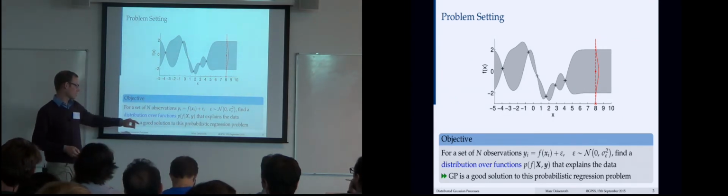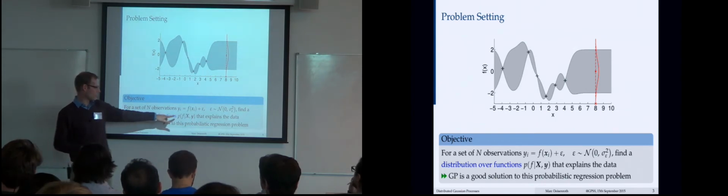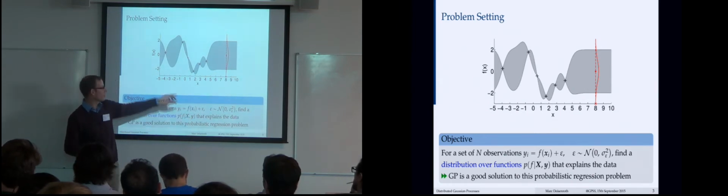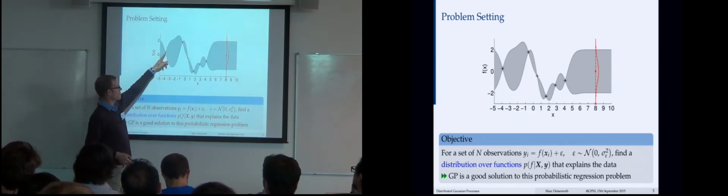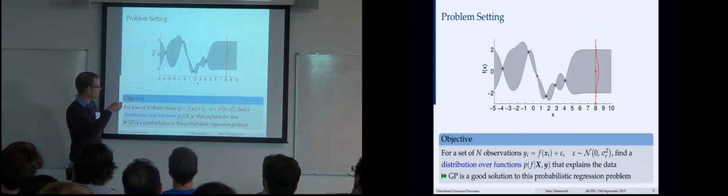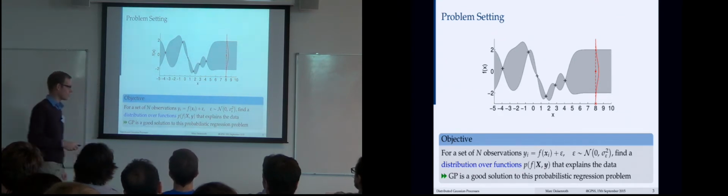The idea is to find a distribution over functions, so p of f given some training inputs x and observations y. In this particular plot, the observations would be these crosses here, and the corresponding inputs would be their projections onto the horizontal axis.